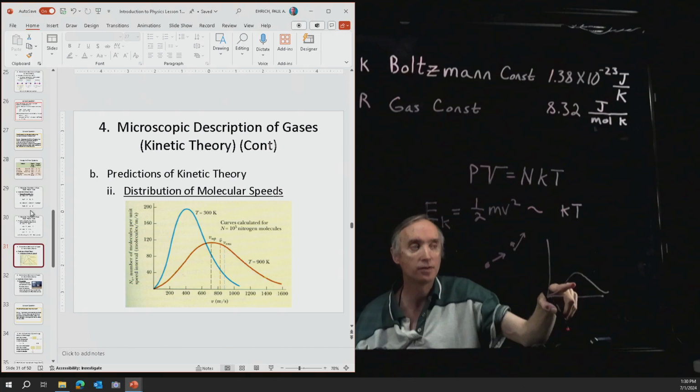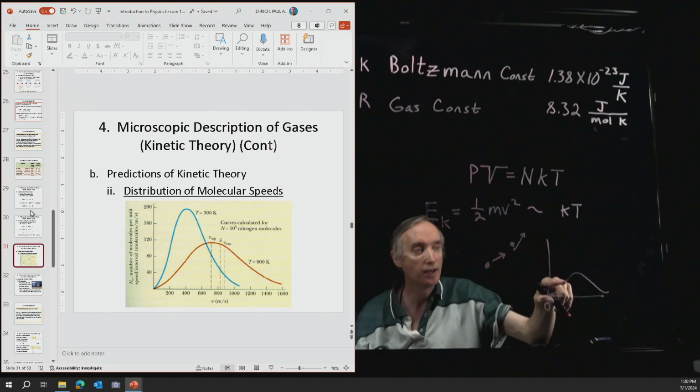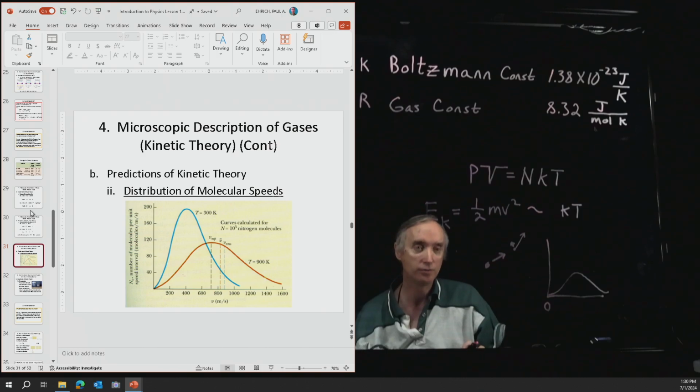But then notice that there are other molecules over here that are traveling slower. And on this side over here, there are a few of them that are traveling faster. And notice that the average one is the one that has the most number of molecules.